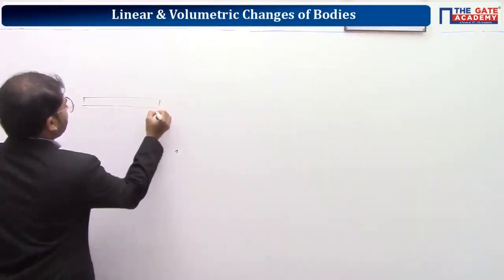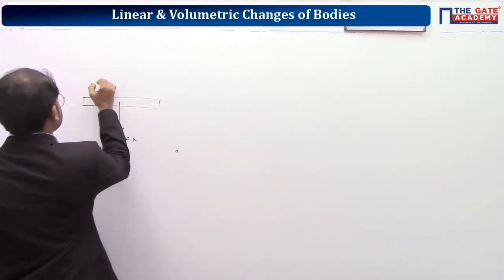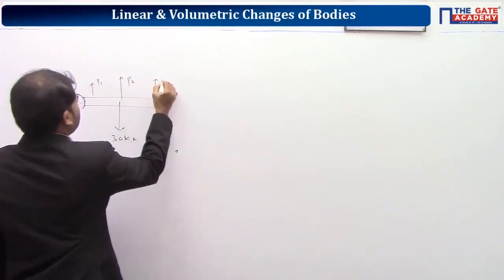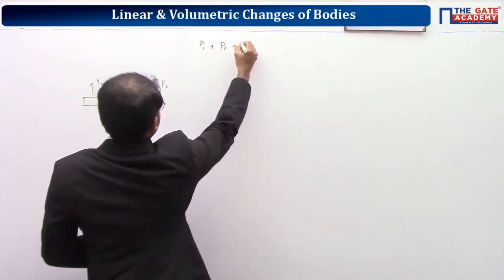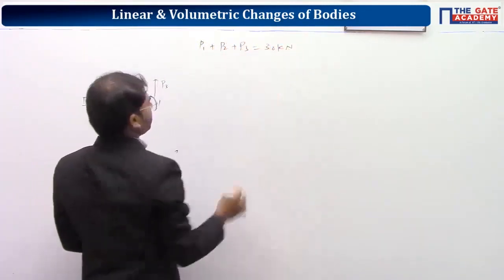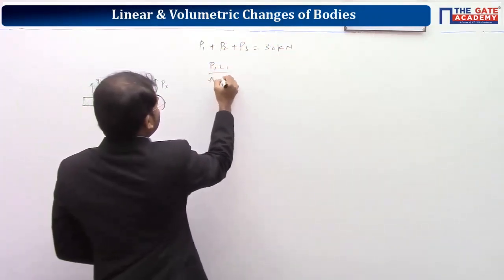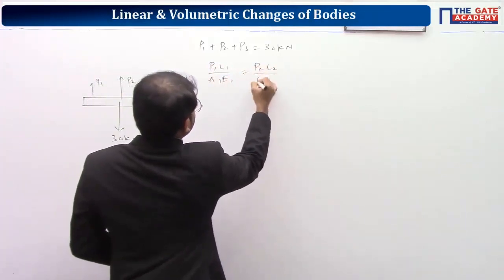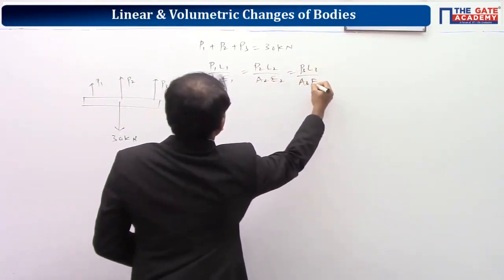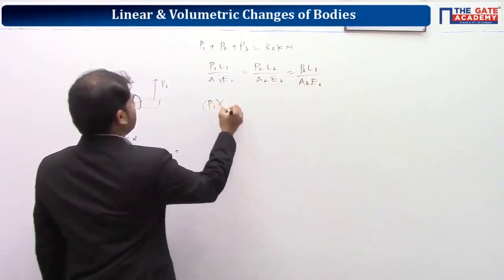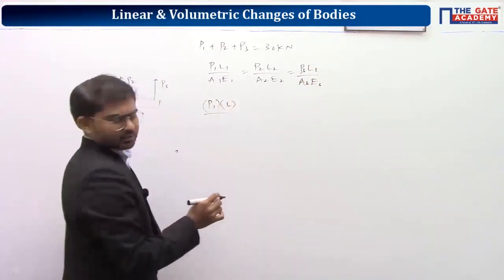If you take the bar, it is experiencing 30 kilonewton force, and here there is P1, this is P2, let's say this is P3. We have P1 plus P2 plus P3 is equal to 30 kilonewton. Now for the rods' elongation, P1 L1 by A1 E1 is equal to P2 L2 by A2 E2 is equal to P3 L3 by A3 E3. P1 into length of the first one, given as L, area is 3A.